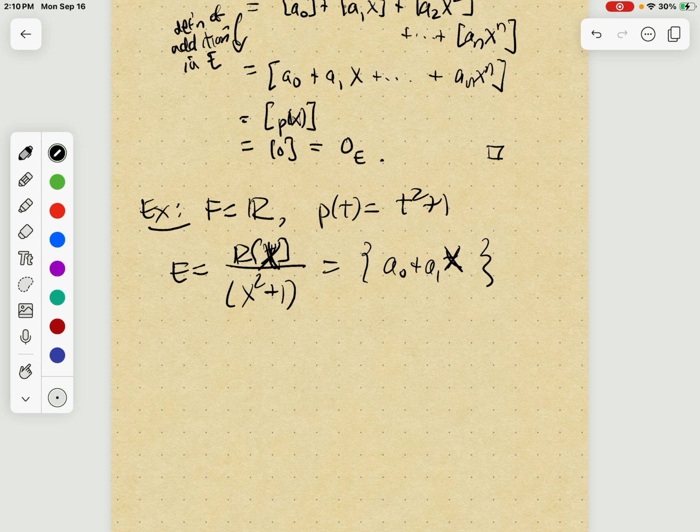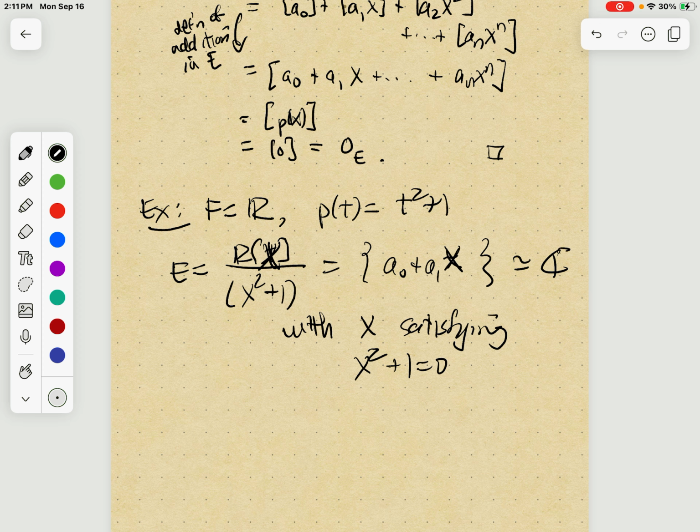and the coset x, so with x satisfying x squared plus 1 equals 0. And so you can think of this as the complex numbers, right?